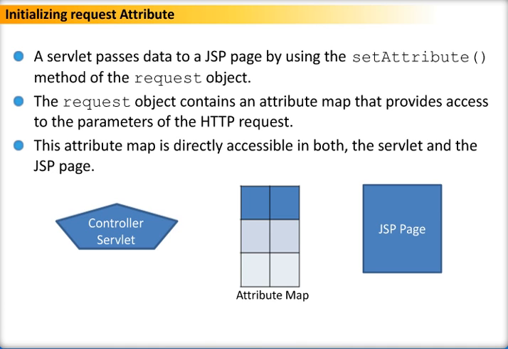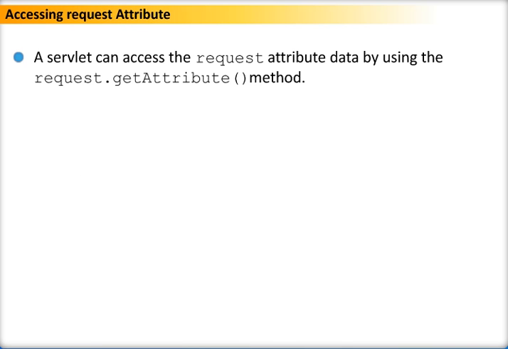The attribute map is directly accessible in both the servlet and the JSP page. Therefore, the values available in the map become available in both the servlet and the JSP page, as shown in the figure. The request attributes initialized in the servlet are available to the called servlet or JSP page.